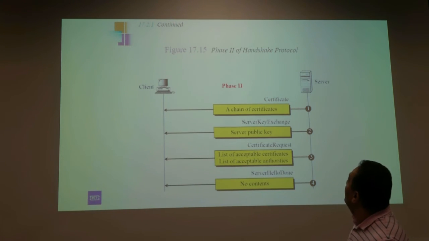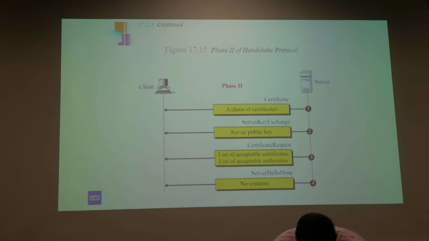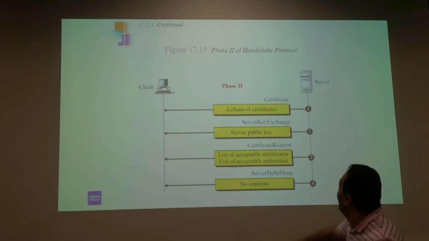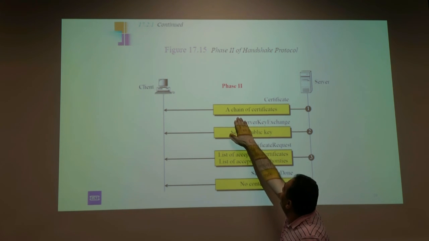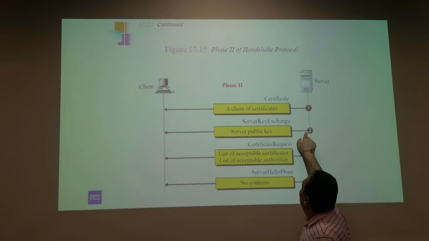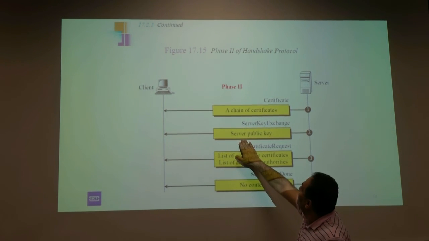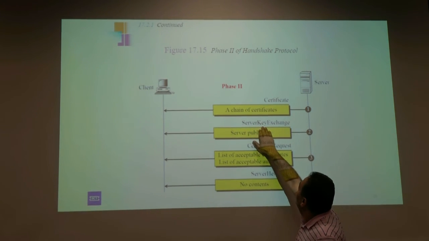Then after that, you're going to come to phase two of the Handshake Protocol. What will you have in phase two? All right, now you're going to exchange the certificate. The server will send a certificate that includes a chain of certificates. Then it will also send a server public key, so this is the server key exchange.